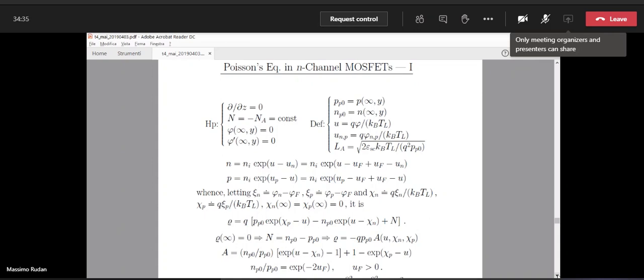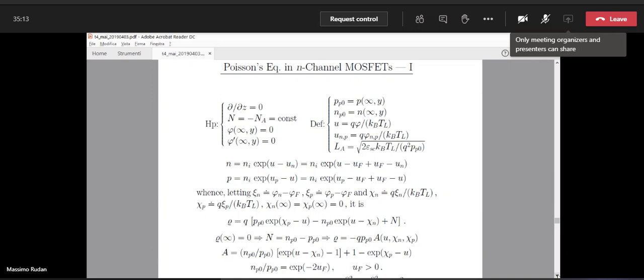Now we introduce the difference between the quasi-Fermi potential and the Fermi potential. So for the electrons, the difference phi n minus phi f is something that we call psi n, and that is, of course, with the units of a potential, and psi n goes to 0 at equilibrium because phi n goes to phi f.